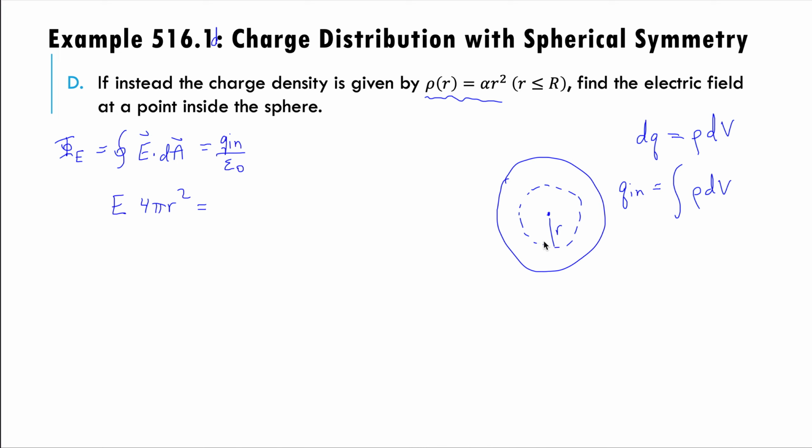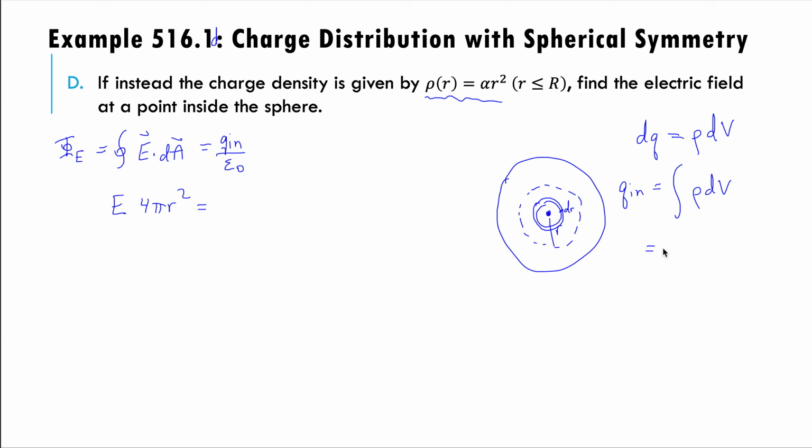So we can divide it up into spherical shells that have a thickness dr. That's going to be our dq, our charge element, a spherical shell. And then we're going to integrate from 0 all the way up to r to get the total charge for all of these shells.